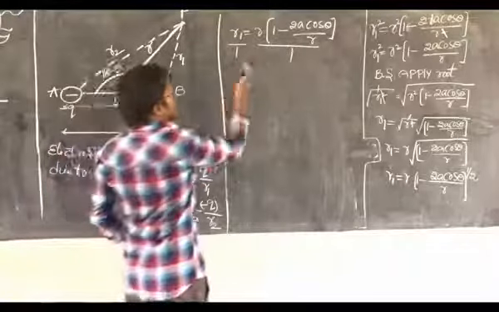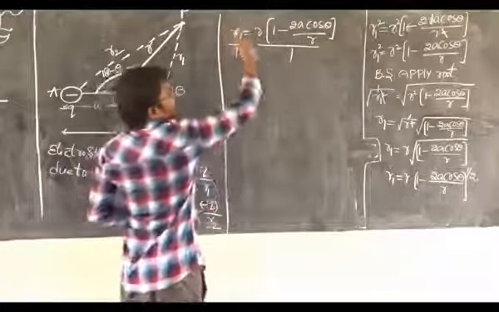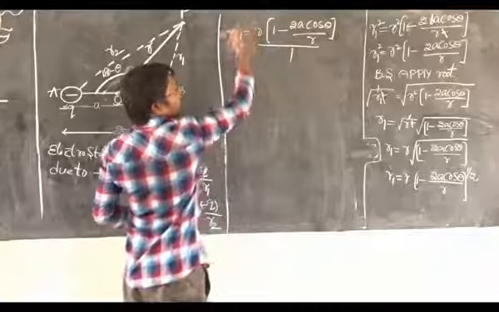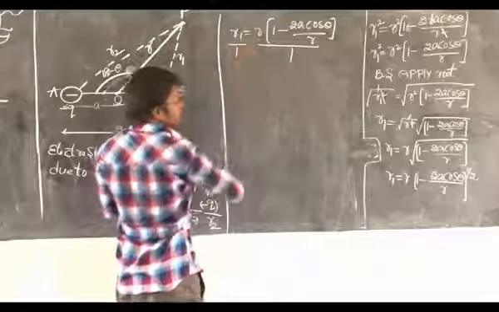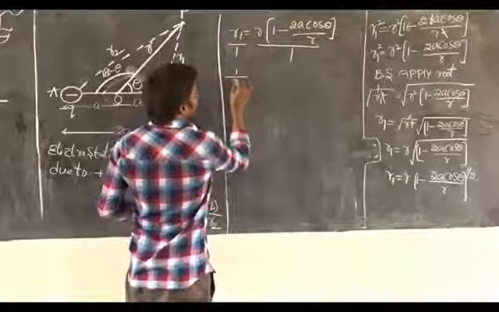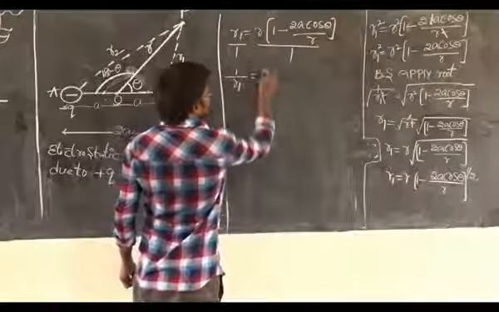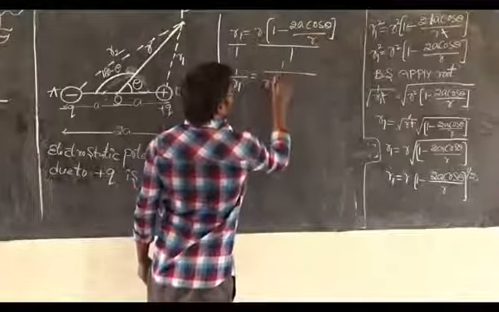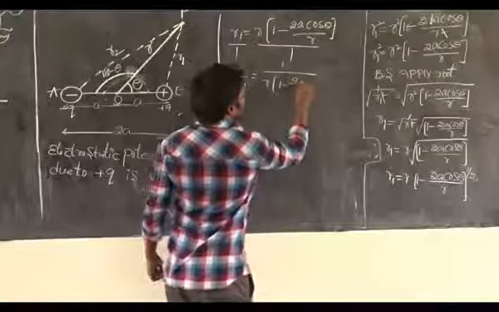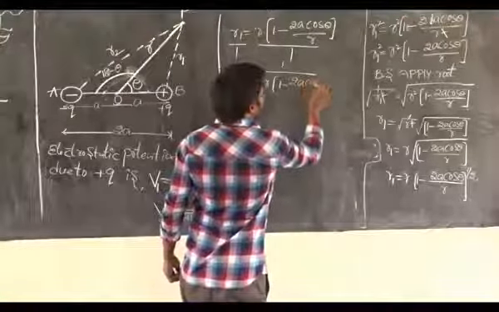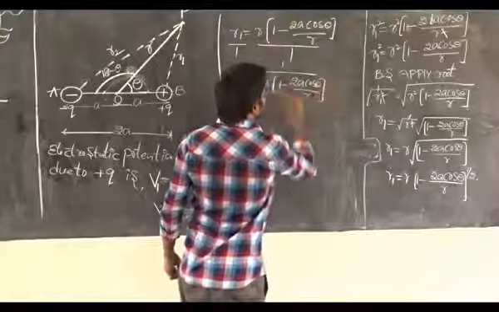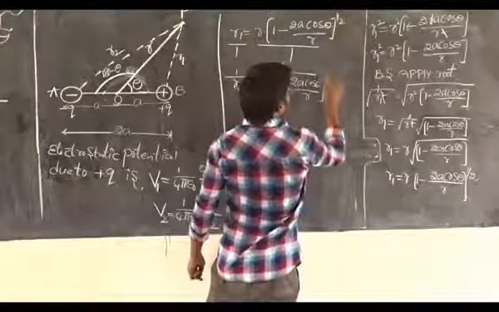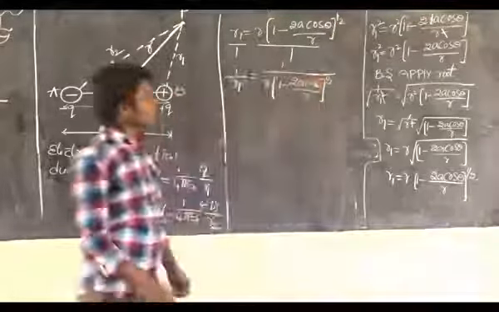After that, I am interchanging these values. I am writing this denominator in numerator, numerator in denominator, both sides. See, 1 by R1 is equal to 1 by R into 1 minus 2a cos theta by R, whole power 1 by 2.